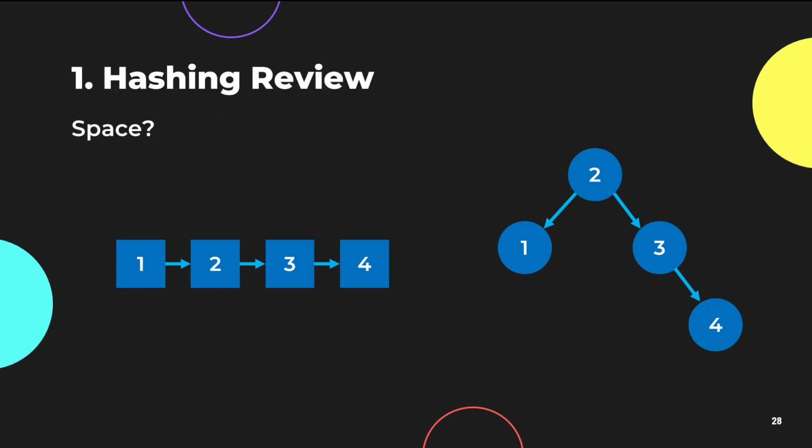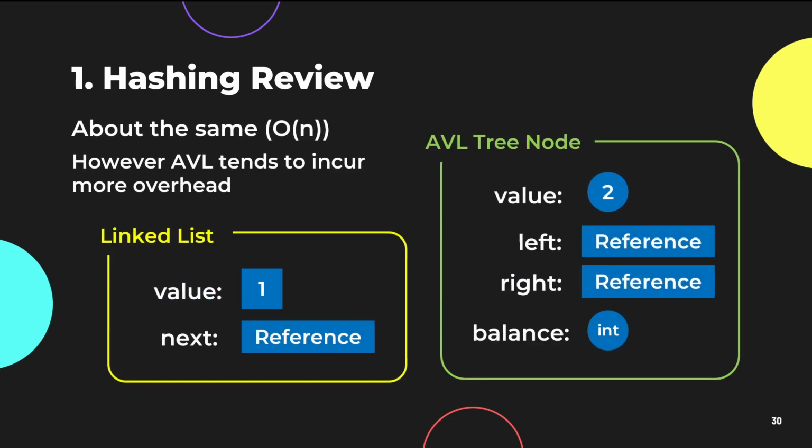Okay. Now, what about space? Although it says the same O(n), you will have more overhead because of how you structure your classes. Your linked list node will contain your value and also the next pointer. Whereas for AVL, you need to keep your value, the left pointer, the right pointer, and also whether it is currently balanced or not.